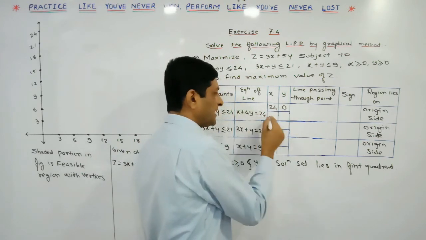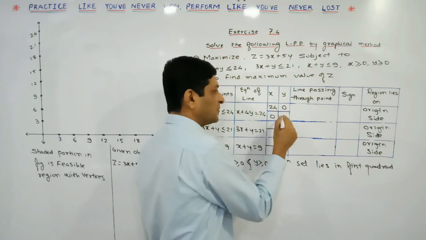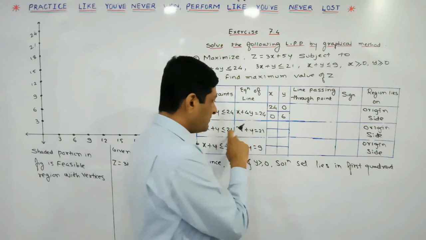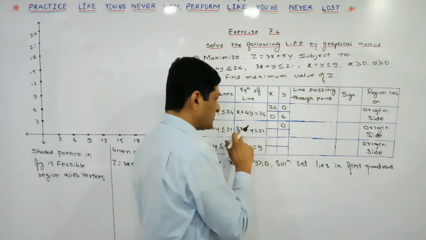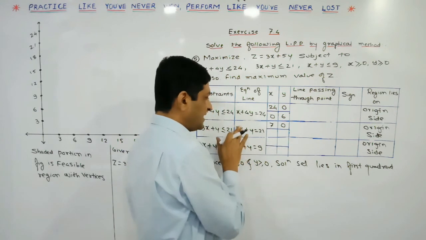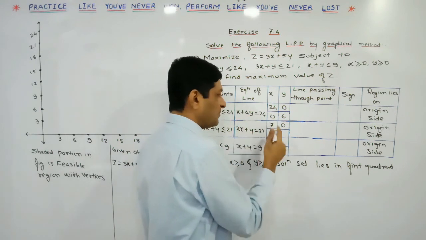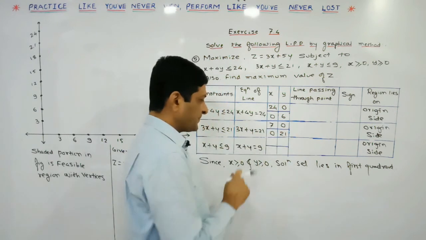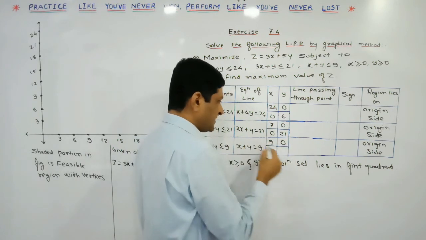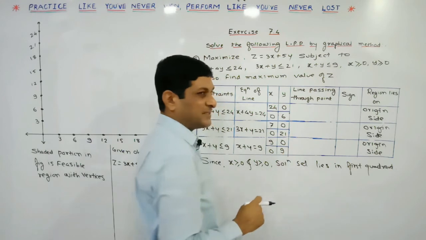If I substitute x is equal to 0, 4y is equal to 24 implies that y is equal to what? 6. Now from here substitute y is equal to 0, 3x is equal to 21 means x will be equal to 7, and if I substitute x is equal to 0, y will be equal to 21. Here if I substitute y is equal to 0, x is 9 and x is equal to 0 implies that y is equal to 9.